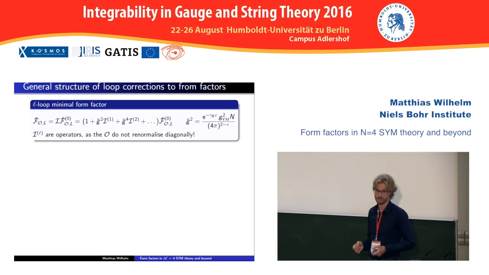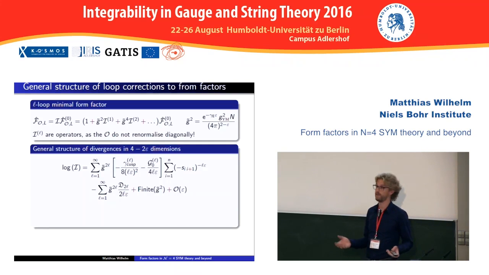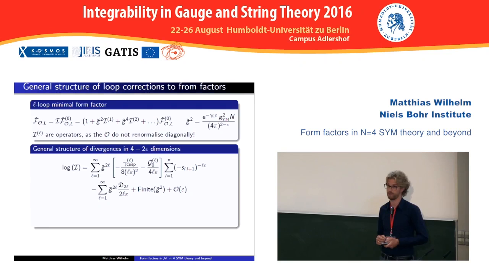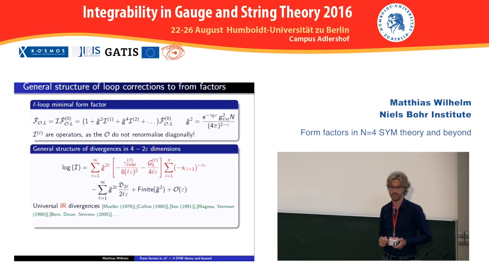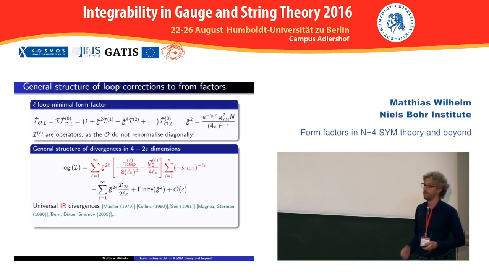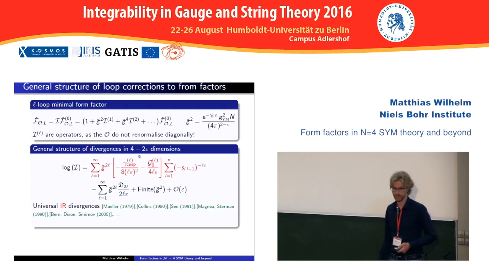As for amplitudes, we can, however, take the logarithm of this operator. It contains some universal infrared divergences which are governed by the cusp and the collinear anomalous dimensions.